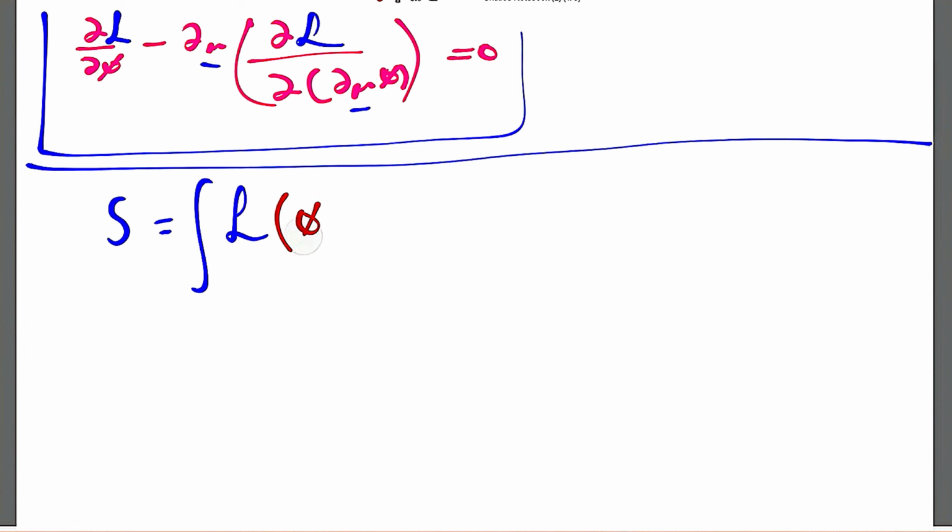First is phi, second is the derivative of phi, which for simplicity I'm going to write with m, because you can identify it better than mu. This was the mu symbol, but it's really hard to write it here, so I'm going to use m instead of mu. And the third dependence is on the space variable.